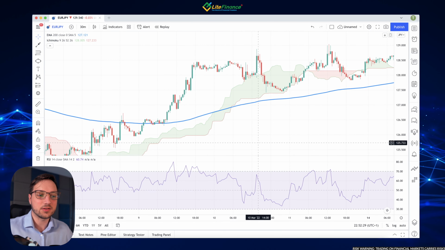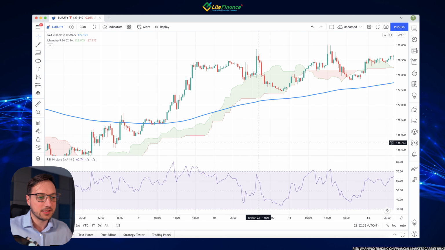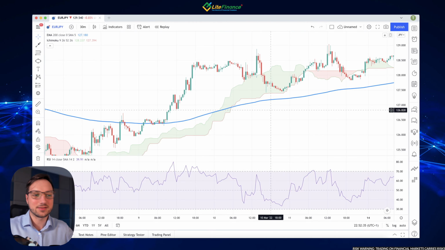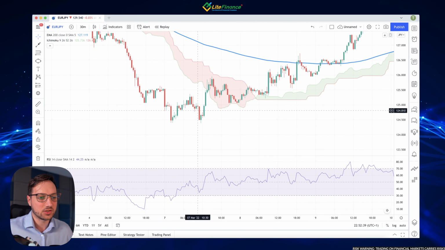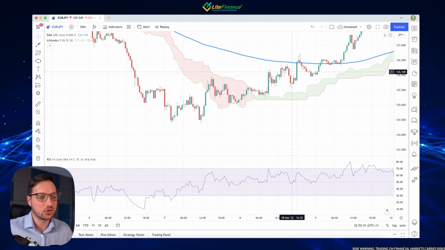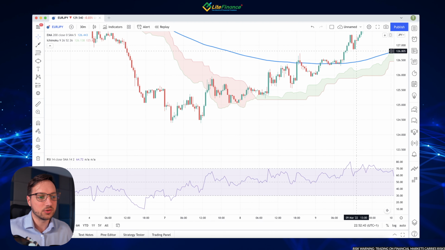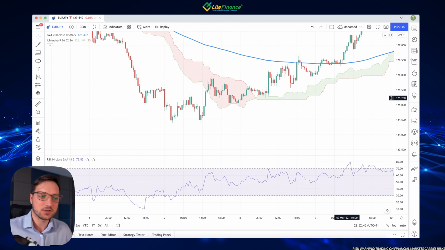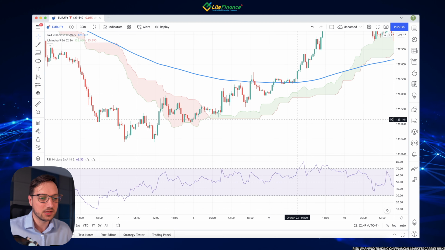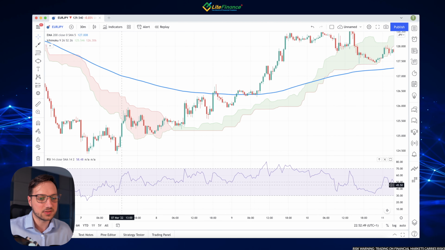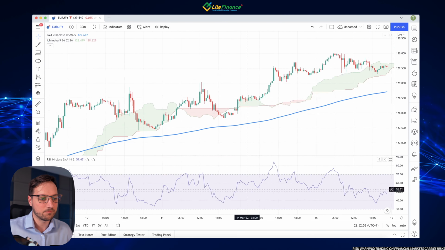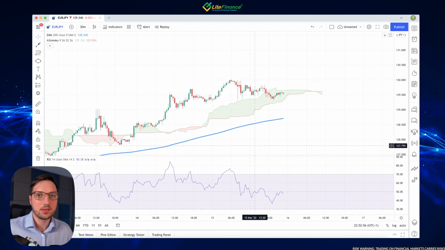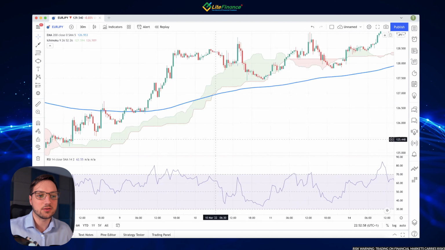Another advantage of this strategy compared to the traditional one is depicted in this situation over here, where we had a crossover of the Kumo Cloud, a crossover of the 200 period moving average, the confirmation that clearly it is an uptrend, but still from the RSI, as you can see, no entry signal.